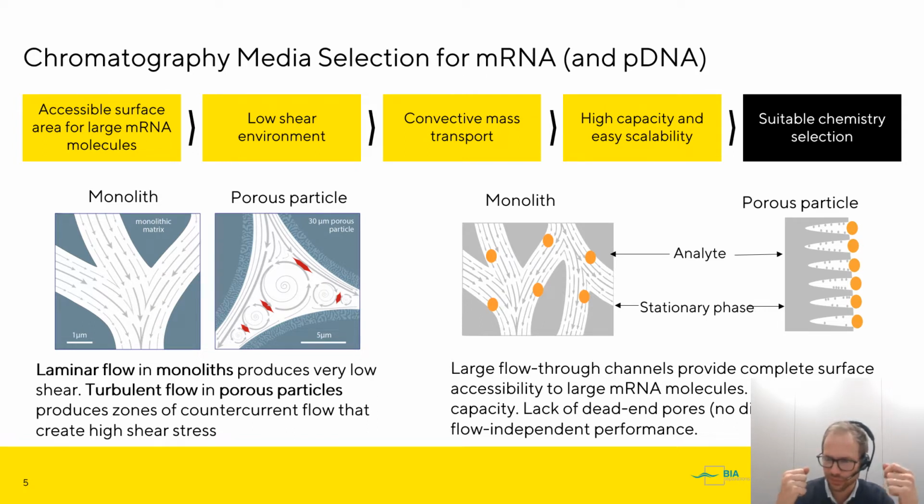And indeed, with monoliths, the mass transport depends on so-called convective mass transport, meaning we can carry the molecule to its binding site on the monolith simply with flow rate. There is no requirement for diffusion because there are no dead-end pores. So monoliths turn out to be very suitable purification tools for mRNA.